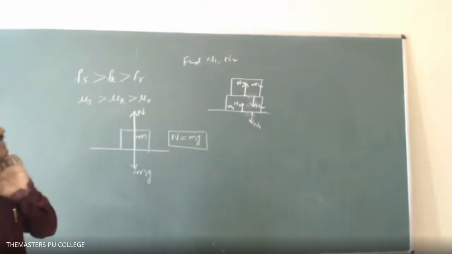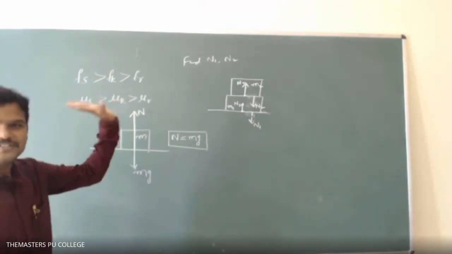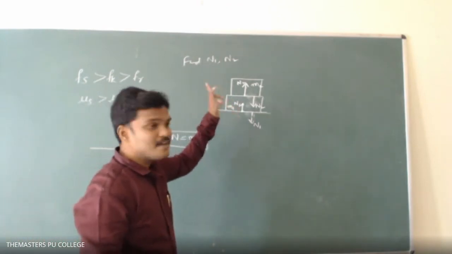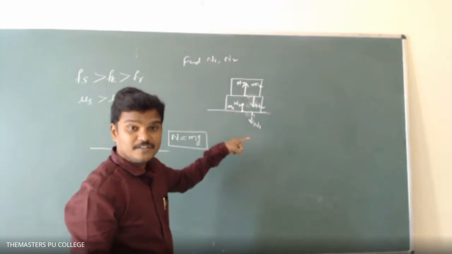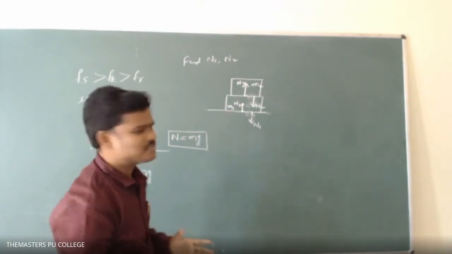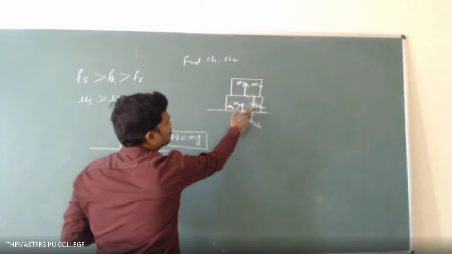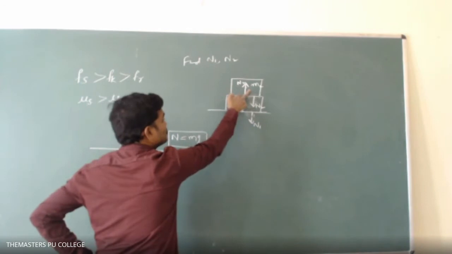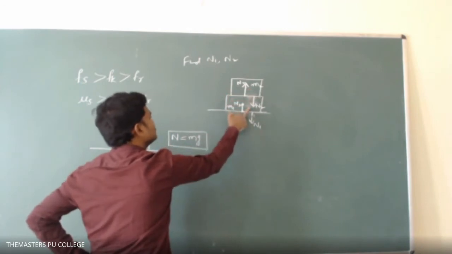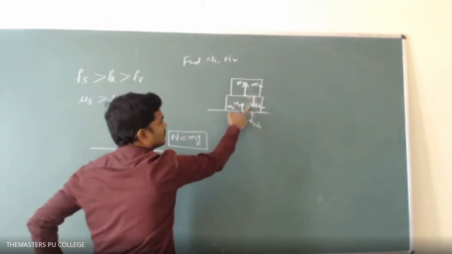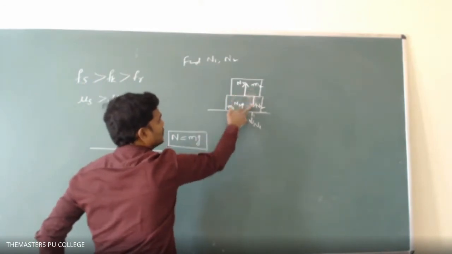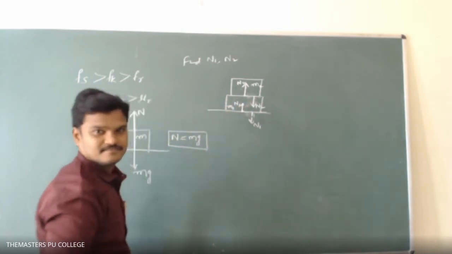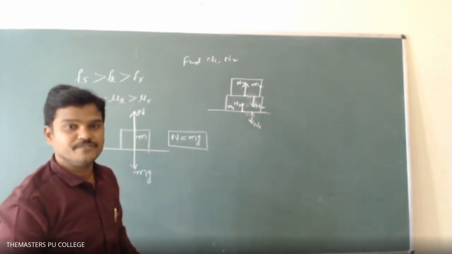If it is three blocks, you continue the same process. Follow the directions. N2 on M2 is up. And on M1, we can use words like this: N2 is the force exerted by M2 on M1. Action, reaction. That will act on two different bodies.